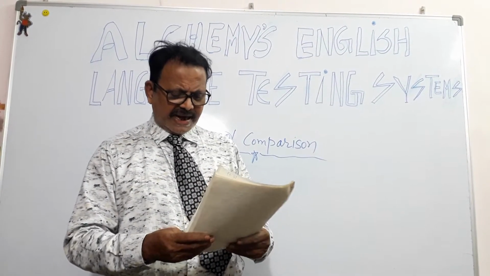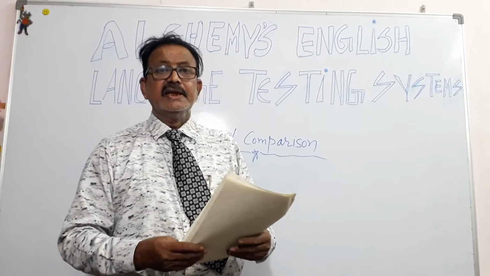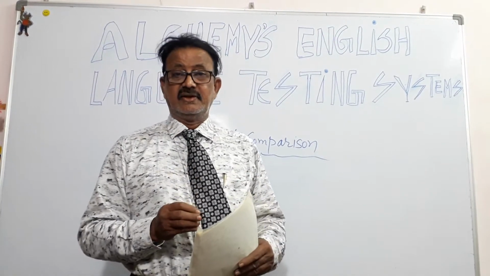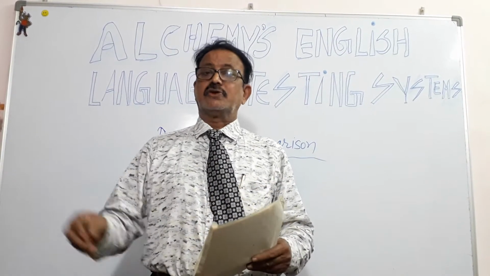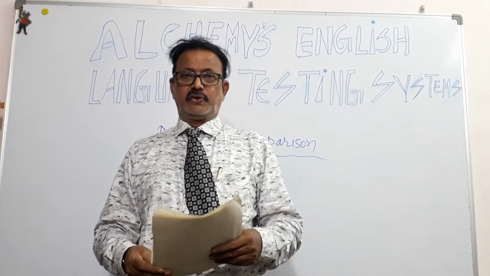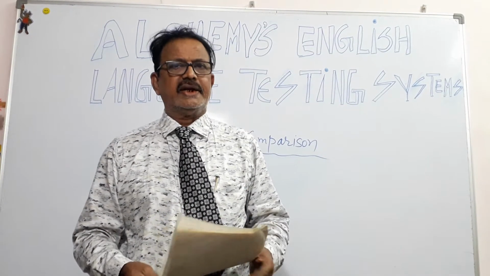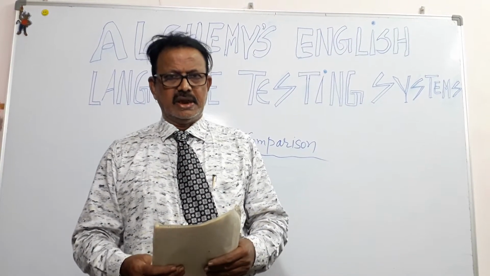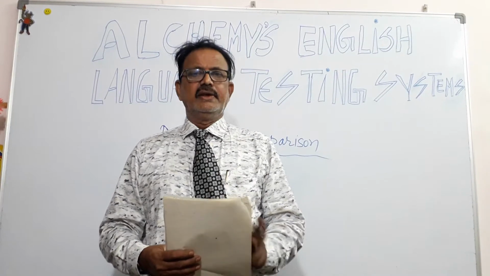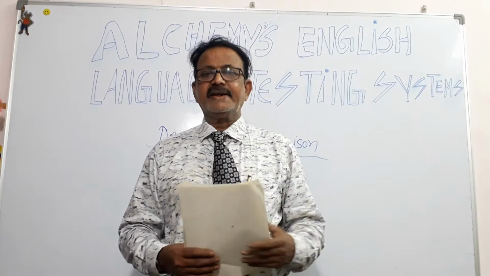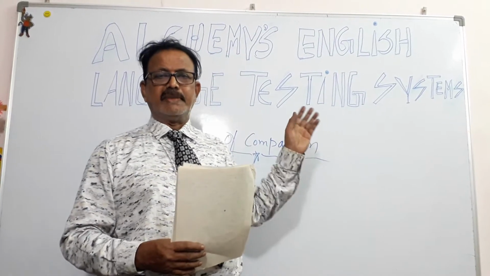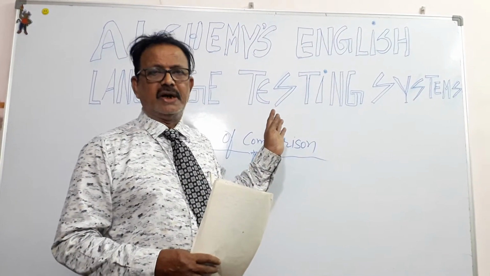So Ramesh had complete control on his property. This is emphasizing what type of control he has on the property. Complete control. It is emphasizing. So these are the qualities of an adjective, and these qualities only we are trying to compare through this method of degrees of comparison.